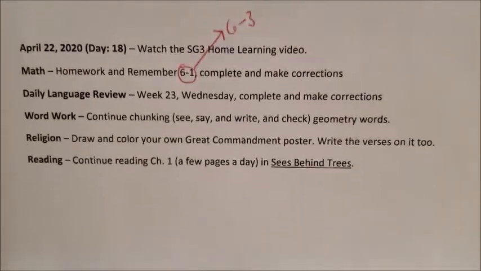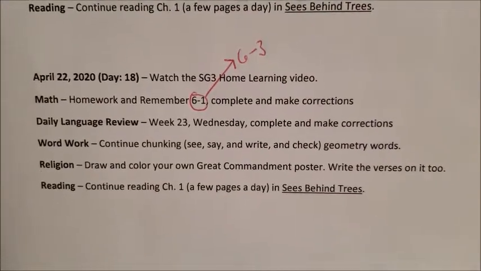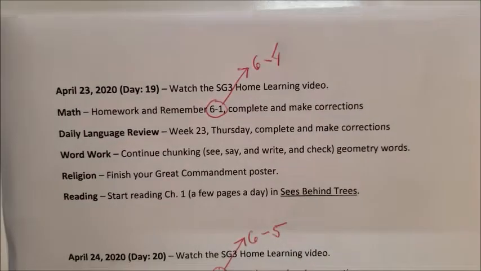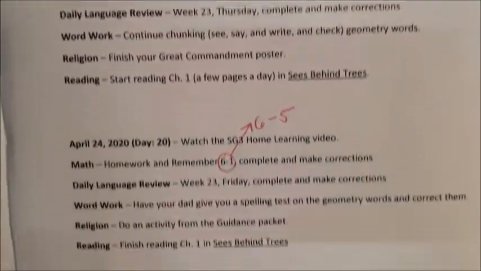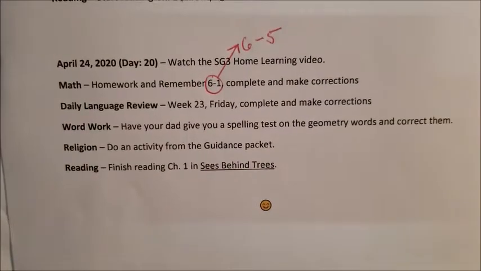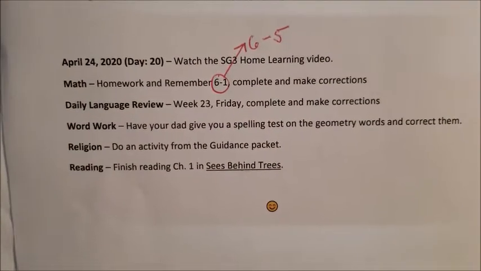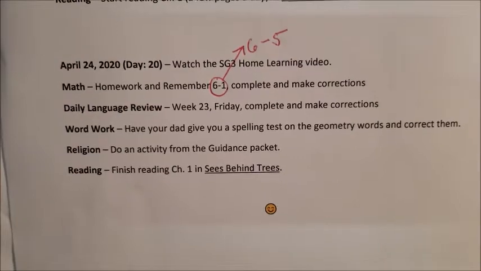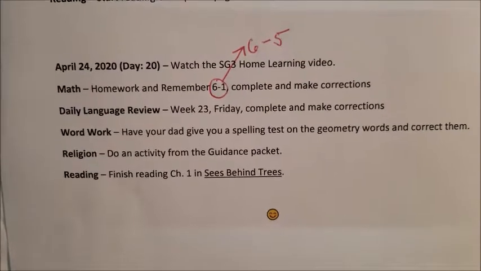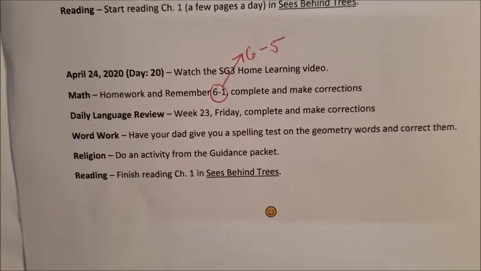On Wednesday, it's 6-3, not 6-1. On Thursday, it's 6-4, not 6-1. And Friday, it's 6-5, not 6-1. Looks like I made a typing or copying error there. Sorry about that, boys and girls.